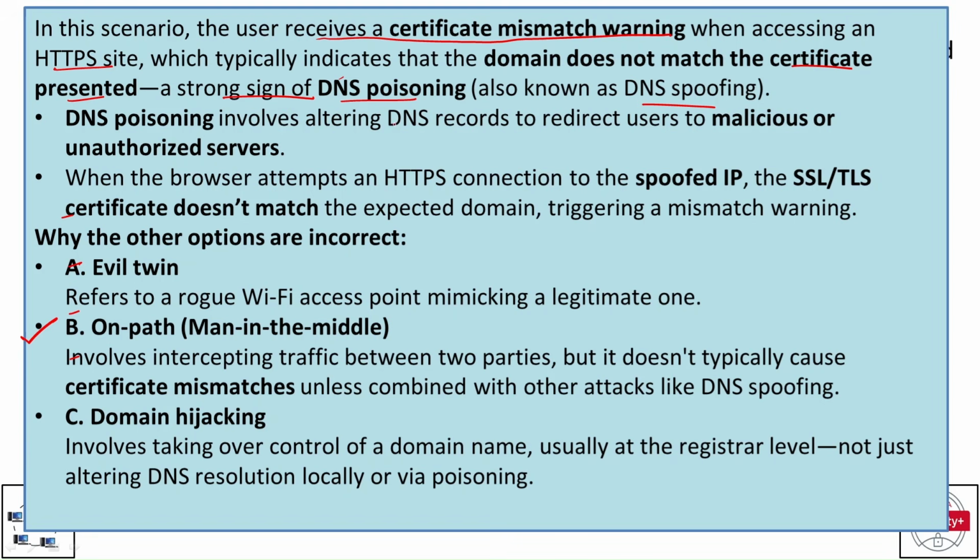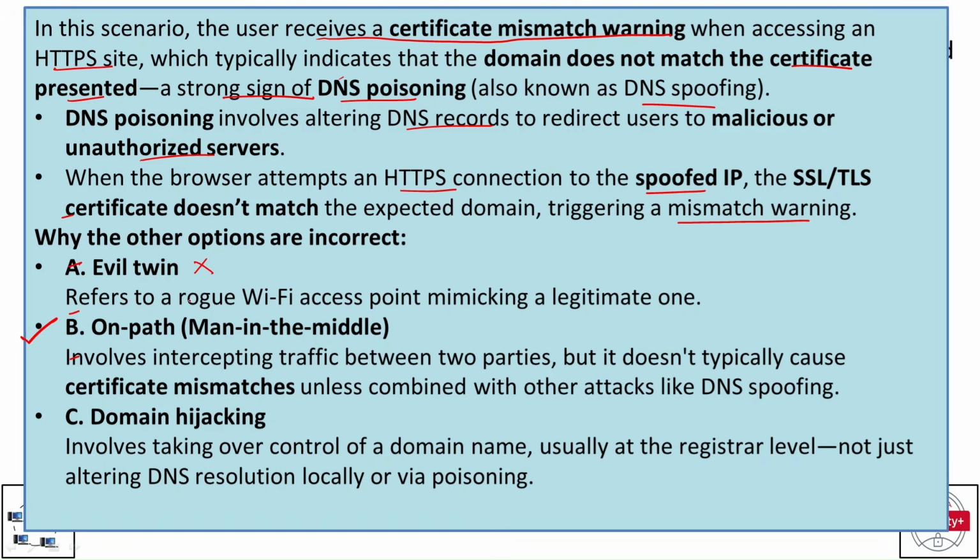DNS poisoning involves altering DNS records to redirect users to malicious or unauthorized servers. When the browser attempts an HTTPS connection to the spoofed IP, the SSL/TLS certificate does not match the expected domain, triggering a mismatch warning. So why are the other options incorrect?